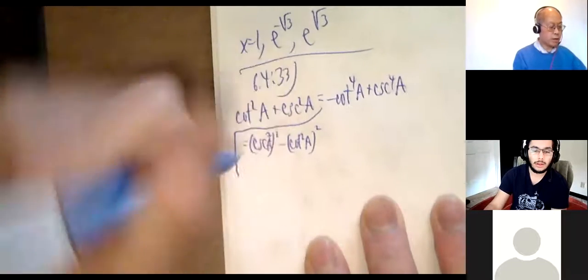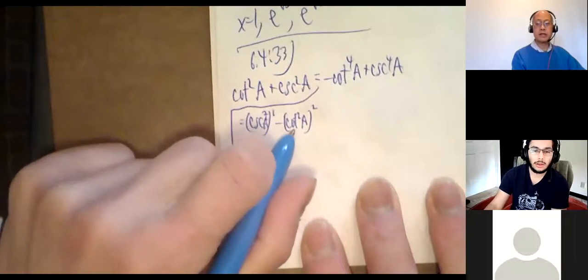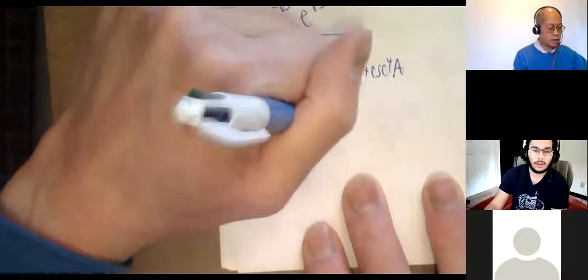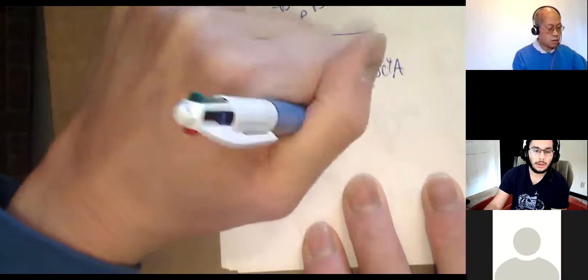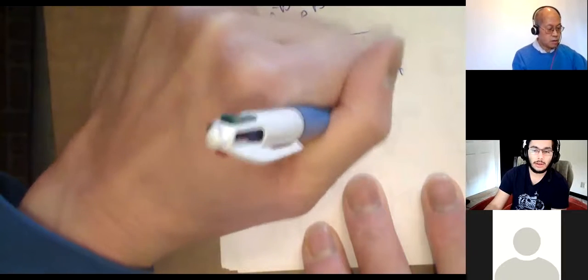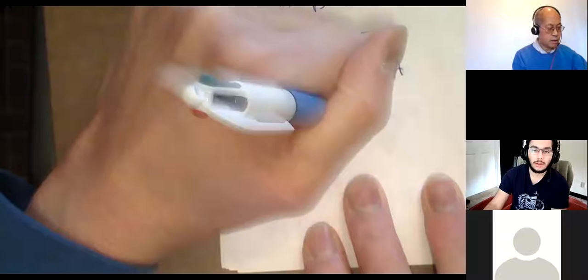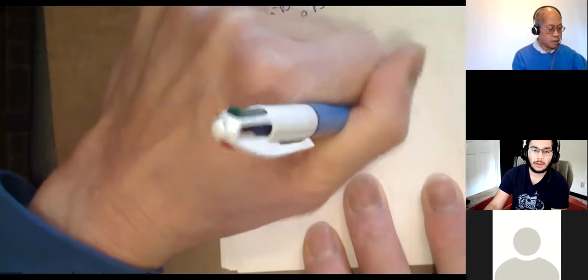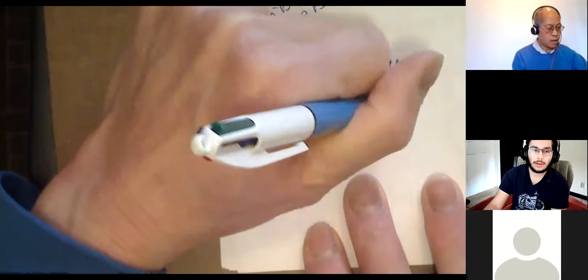Sorry, it's cosecant squared minus cotangent squared. There's a difference of squares, so it's cosecant squared A plus cotangent squared A, times cosecant squared A minus cotangent squared A.